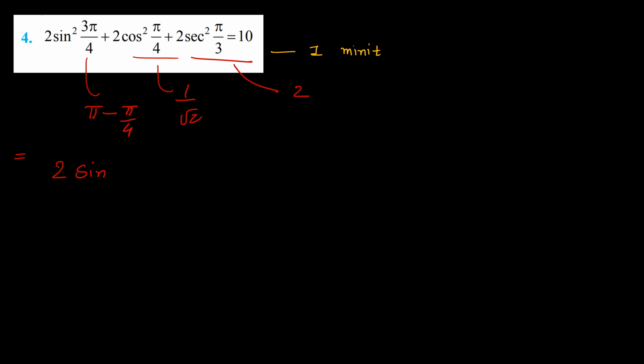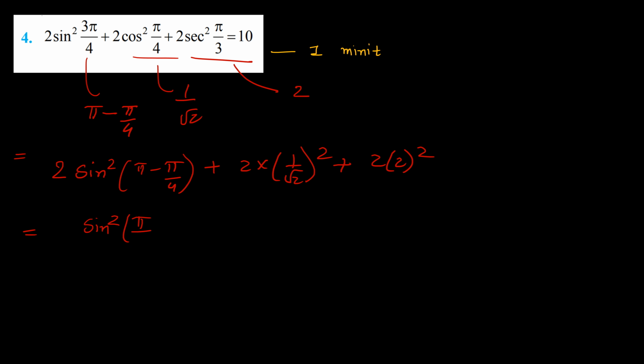2 sine square of pi minus pi by 4 plus 2 into 1 upon root 2 square plus 2 into 2 square. Now sine square of pi minus pi by 4 is in the second quadrant, so as we know, it is the same value as sine square pi by 4.